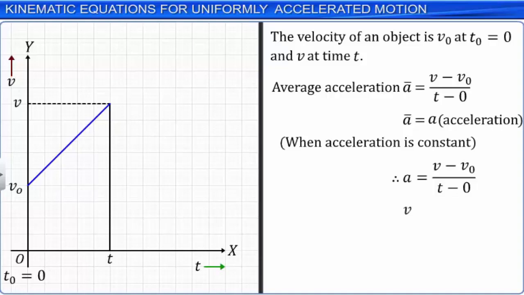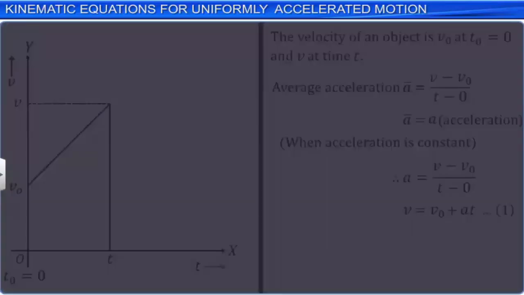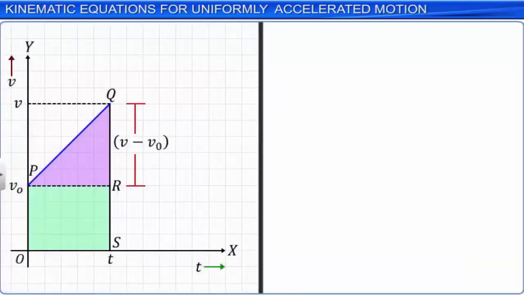The second equation represents the relation between displacement x, initial velocity v naught, acceleration a, and time t. The area under the line PQ up to the x-axis represents displacement x.